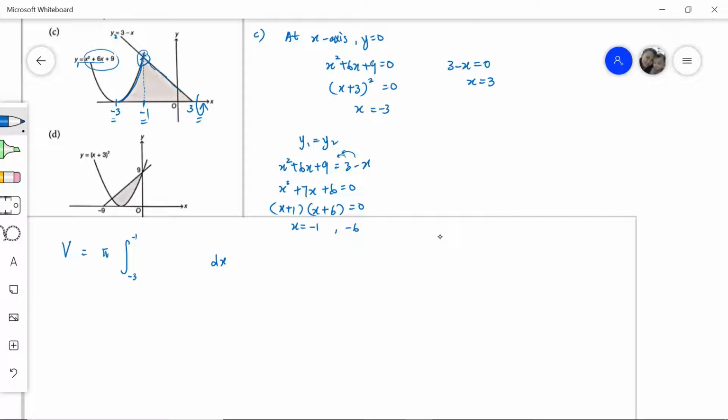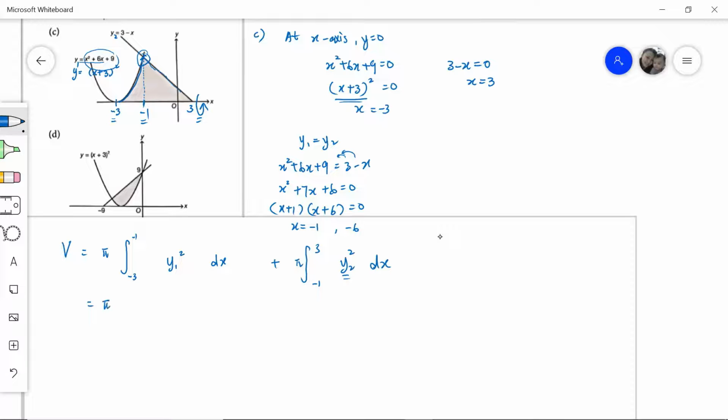Now, instead of using this, I will choose to use this one, because y can be written in the vertex form, after we complete the square, so the square of x plus 3. So we use the integral of y1 squared from -3 to -1, plus the integral from -1 to 3 of y2 squared, that means the y that represents the straight line.